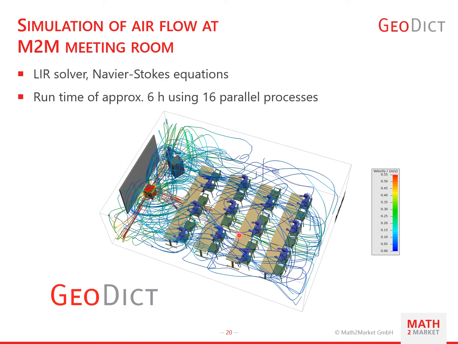Here we can see the flow streamlines caused by the air intake of the air purifier in front of the room, and the result legend here on the right side shows the velocity distribution, showing quite high velocities in the vicinity of the air purifier. The runtime of this flow simulation was approximately 6 hours using 16 parallel processes.